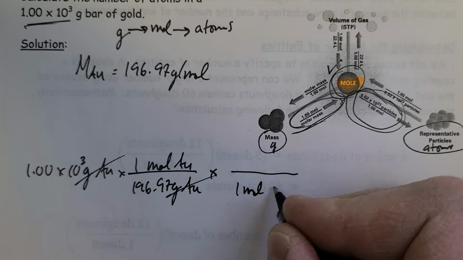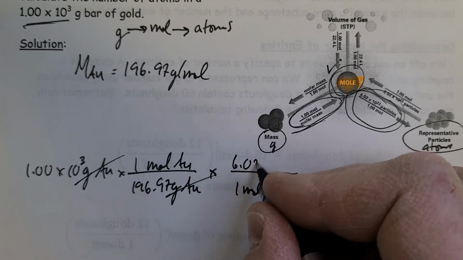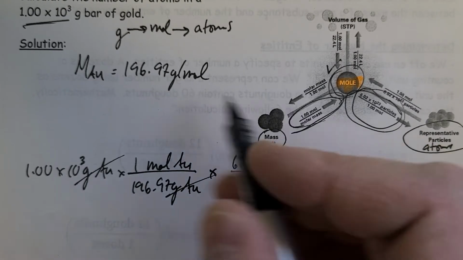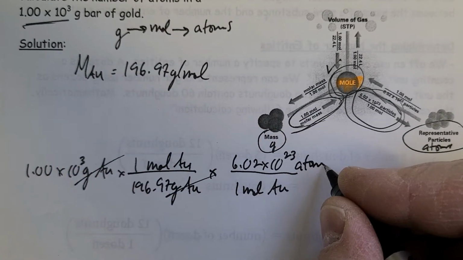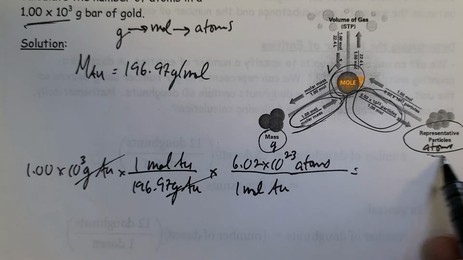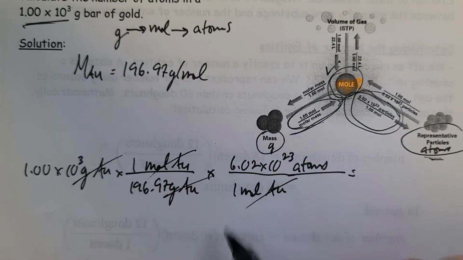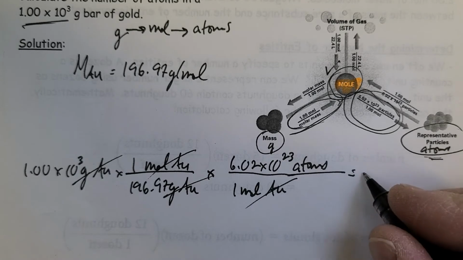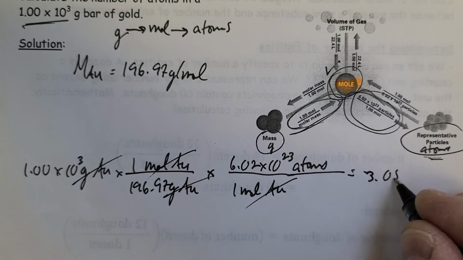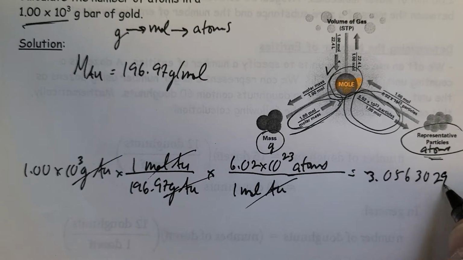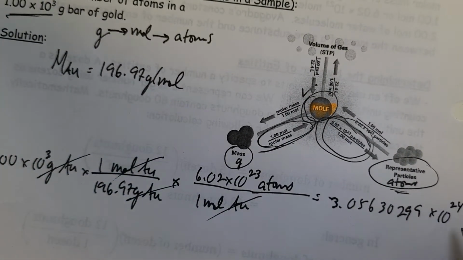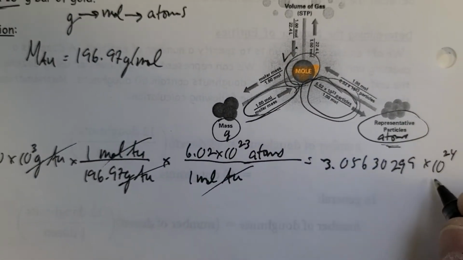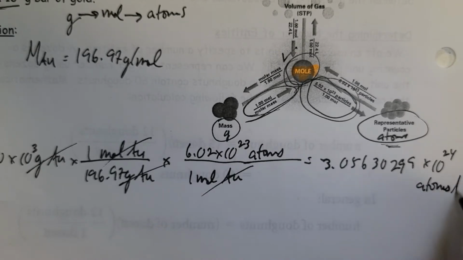1 mole of gold represents 6.02 times 10 to the 23rd. Now we're just talking about gold by itself, so that is an atom. So atoms is what we're talking about for the representative particles. Cancel that out, and in your calculator we would get 3.056302999 times 10 to the 24 atoms of gold.